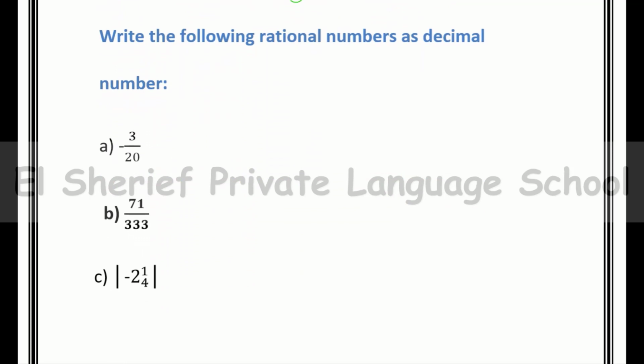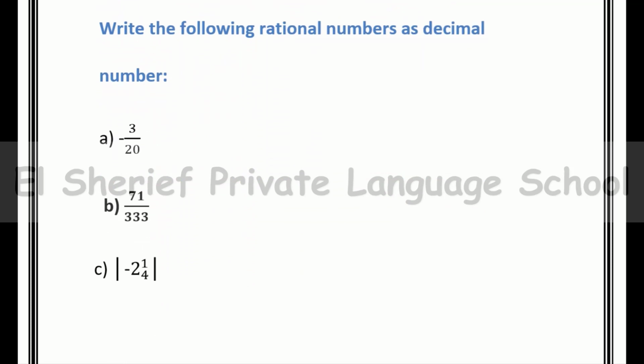Another one. Write the following rational numbers as a decimal number. You want from me to do the opposite operation. Negative 3 over 20.